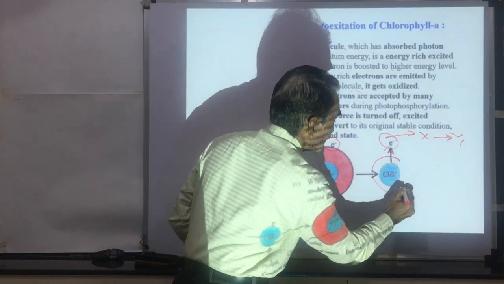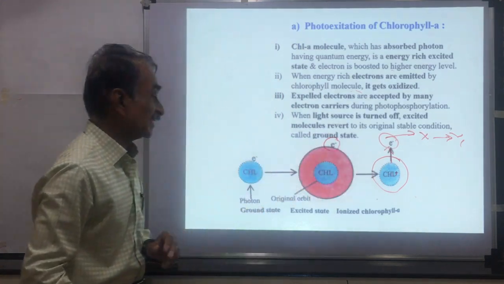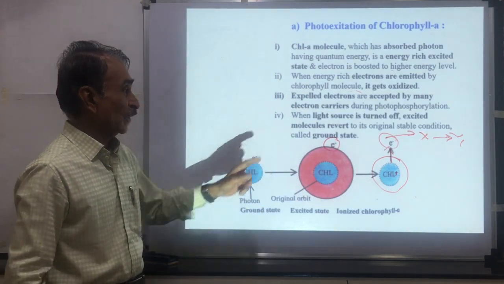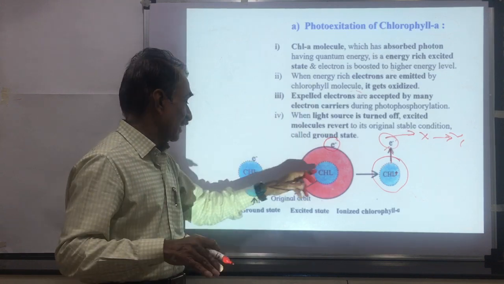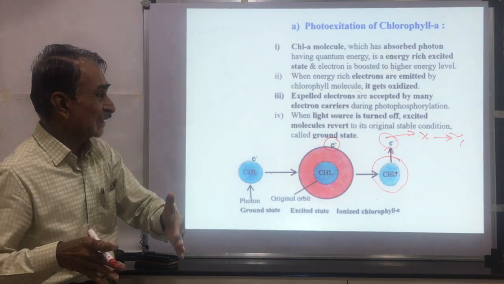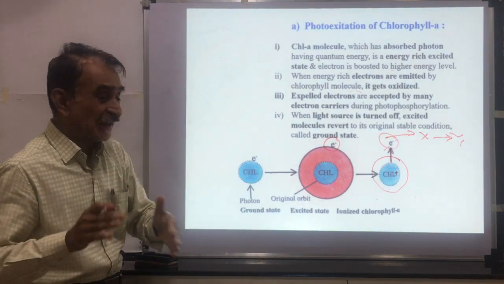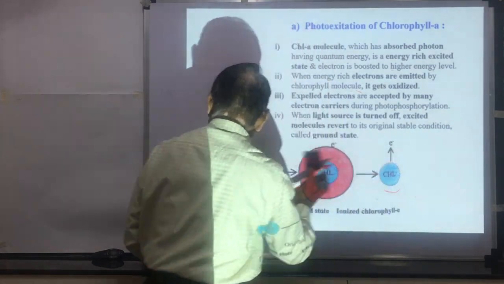This is the oxidized state of this chlorophyll molecule. When light is turned off, the excited molecule comes to the ground state, or stable condition. This is photoexcitation.